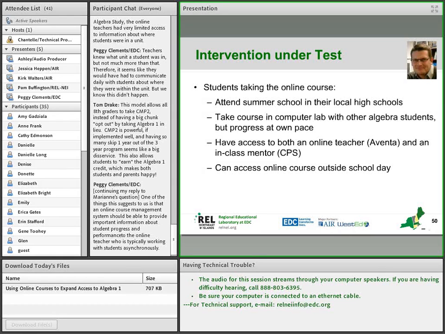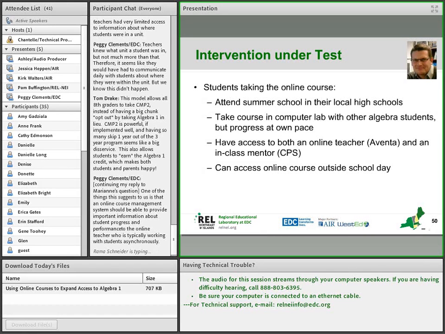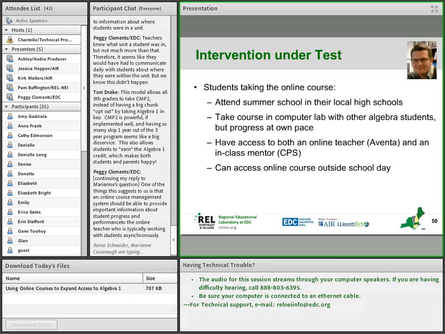Proctor, mentor, the person who's in the building with the kids when they're on the computers. Kids go for 4 hours a day.